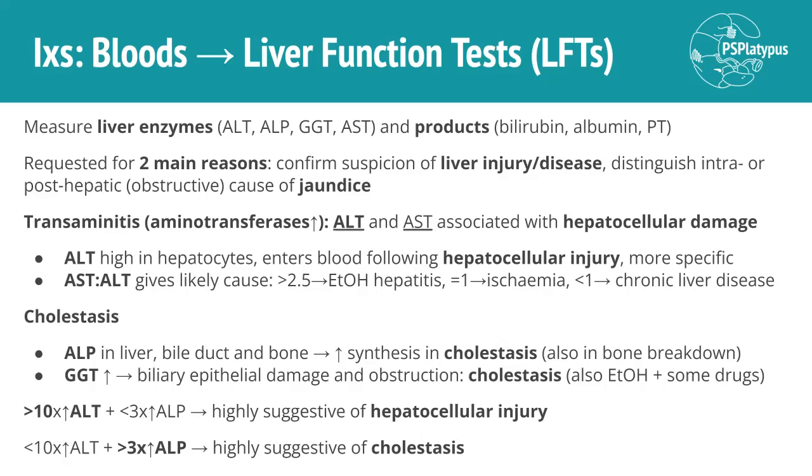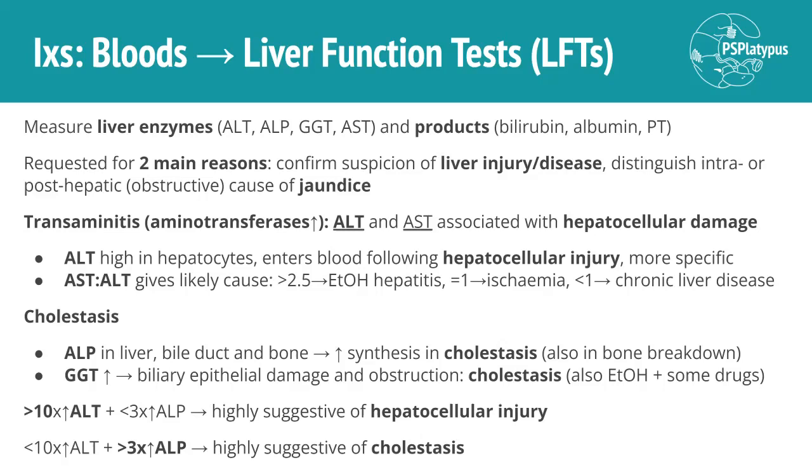All right. Now, just to sort of differentiate between hepatocellular injury and cholestasis, we look at just the ALT, remember, from the transaminitis, and the ALP. So the ALT is the more specific one for hepatocellular damage, and ALP we look at as well. All right. But often, you might get both of them raised.